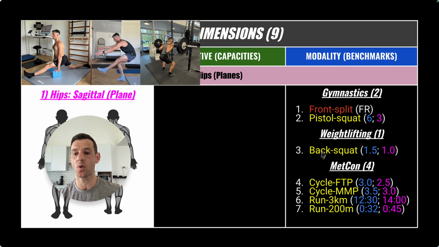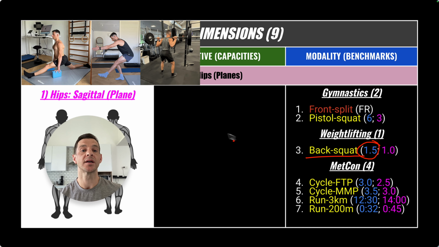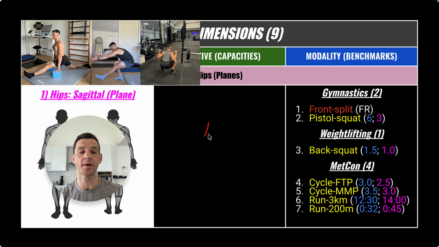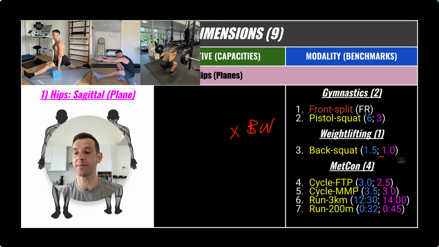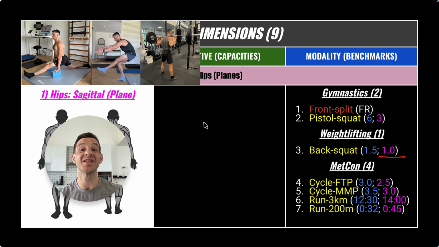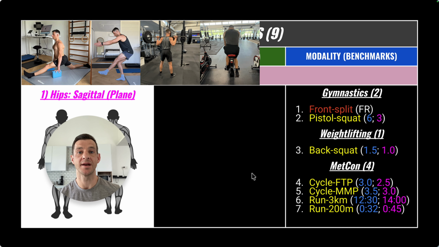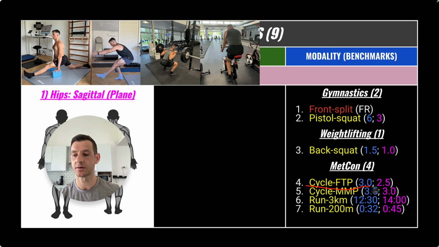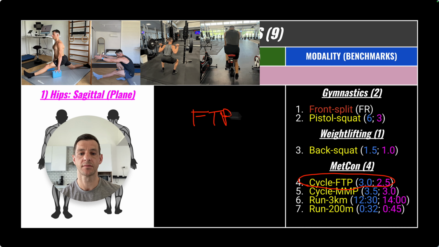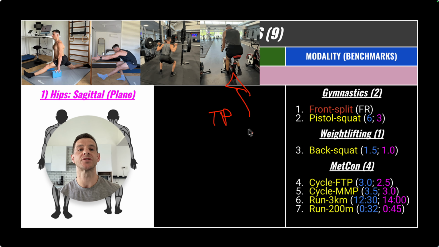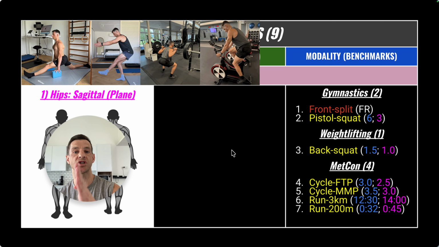Next, we have the back squat. If you're male, you want to aim for squatting at least 1.5 times your body weight. And for females, it's 1 times your body weight. This is a benchmark of load. Next, and for our 4th benchmark, it's our FTP, which stands for functional threshold power, which can be measured in an hour, or a discounted version is 20 minutes.